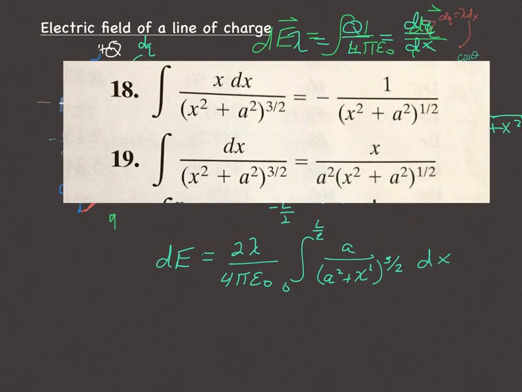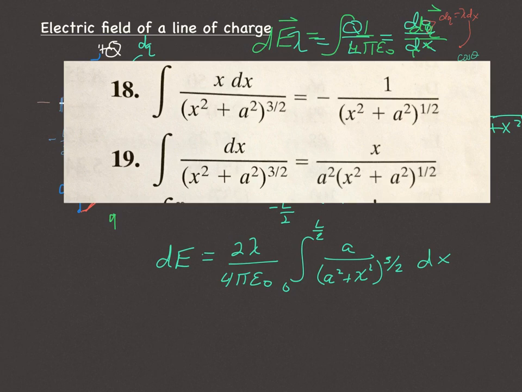So if we look at our integral that we have, it matches up with number 19. Some people get this confused with 18. However, in 18 there is a variable x at the top. Ours doesn't. Ours has a constant at the top. So using this table of integrals, we can solve that pretty easily.